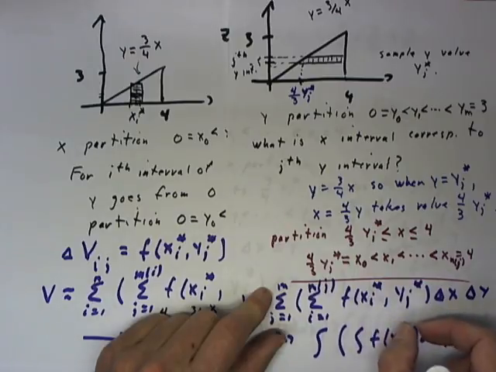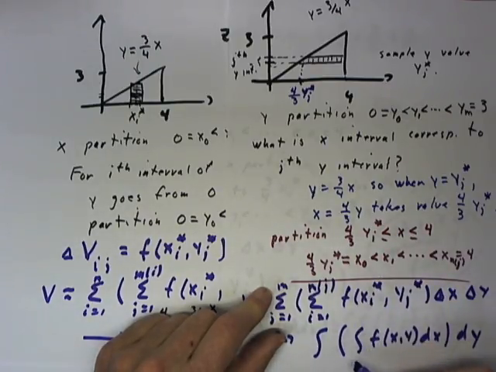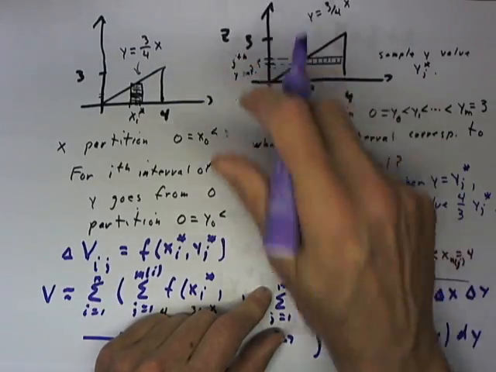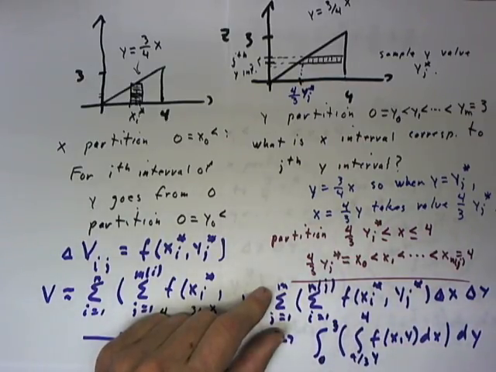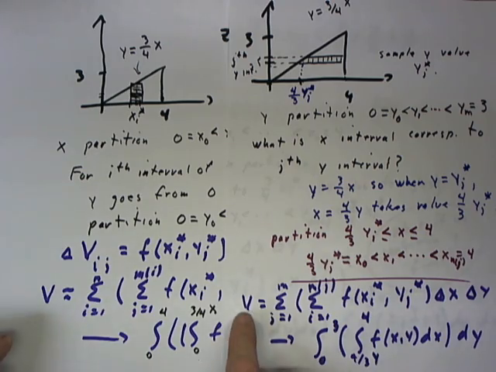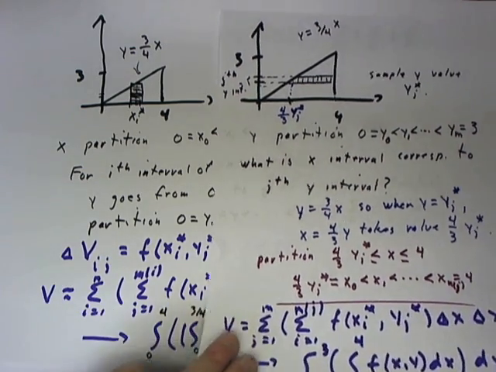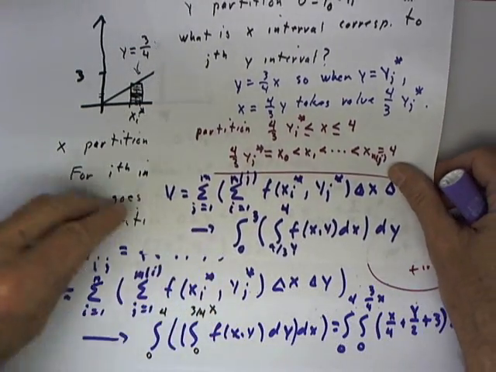Again, our xi's and our yj's are now squeezed down to x's and y's basically, and our integral then will go from 4/3 y to 4. Our x interval goes from 4/3 y to 4. Our y interval goes from 0 to 3, our original y interval. So we have two expressions for the volume, two different integrals that should give us the volume.